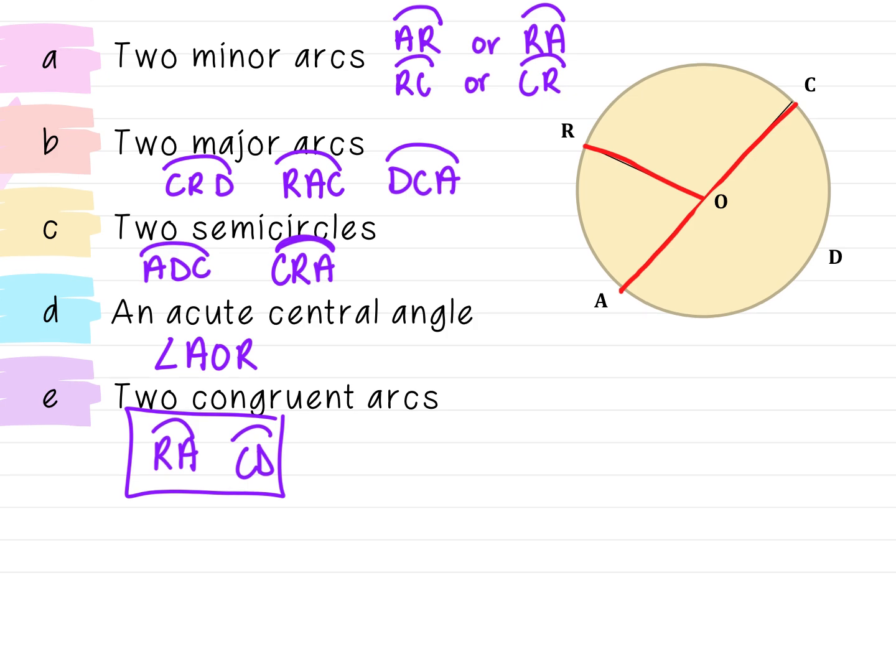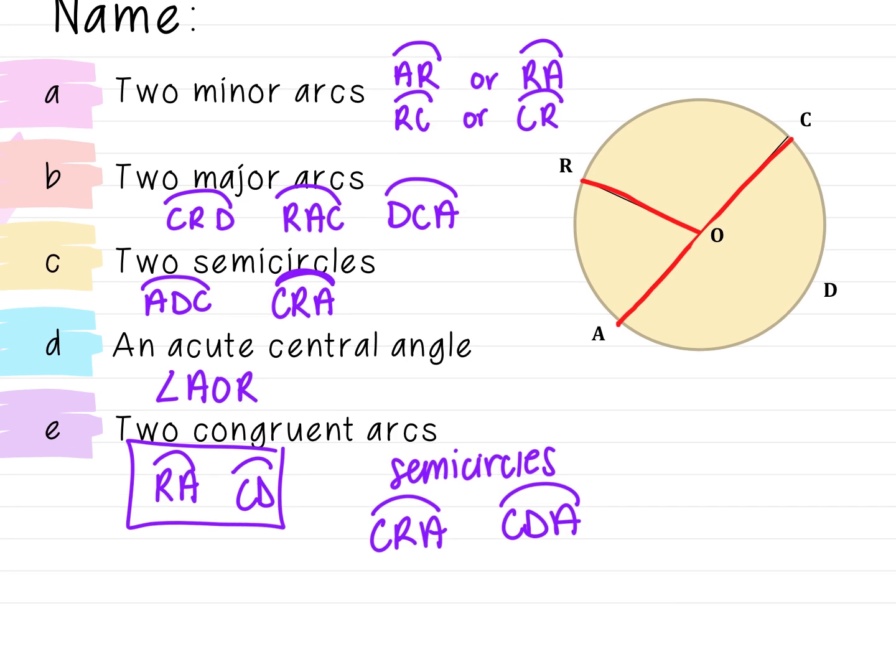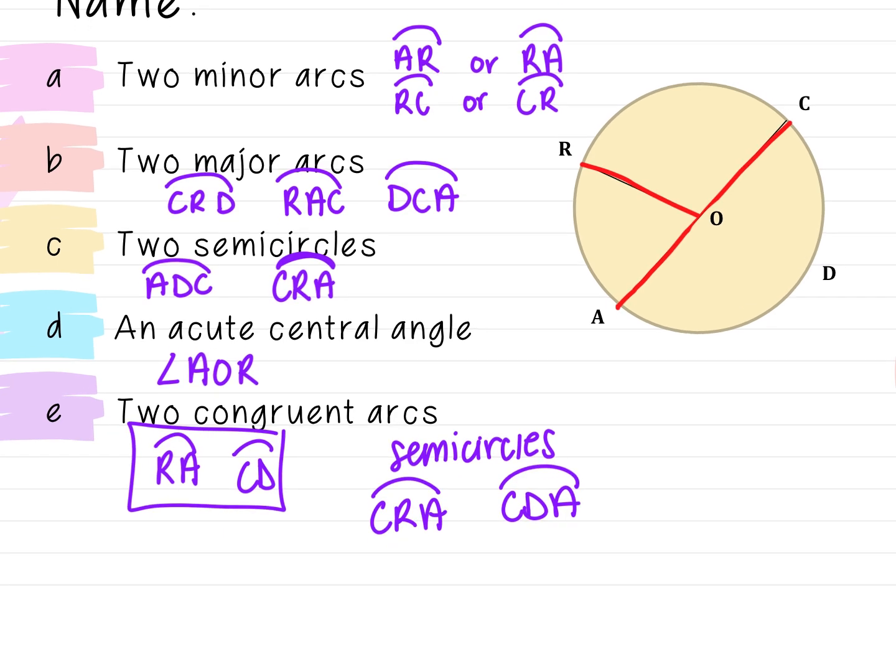So I'm going to use my two semicircles and name them arc CRA and arc CDA. Again, don't forget that arc symbol. We have to get used to drawing that curve because we're so used to drawing the lines.